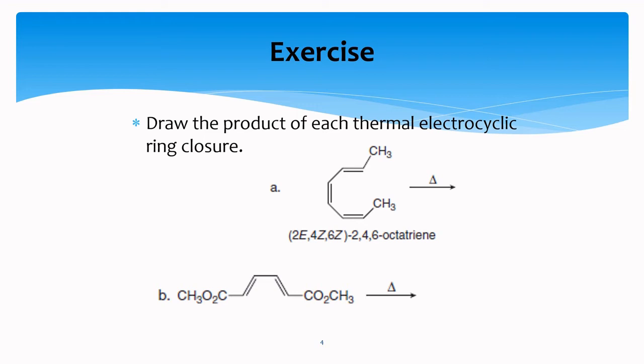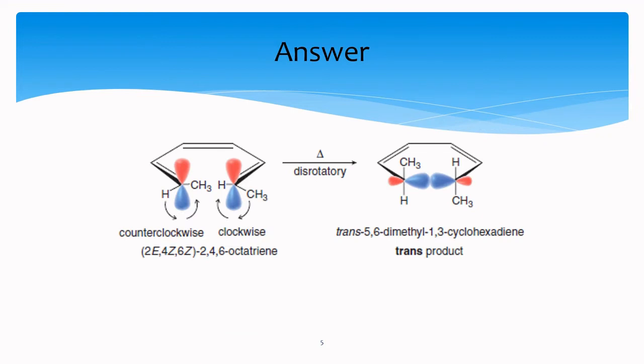When we have 2E,4Z,6Z-2,4,6-octatriene undergoing thermal reaction, and another molecule here which also undergoes thermal reaction. Let's take a look at A. A is an octatriene, so we know that it has 3 pi bonds. When it has 3 pi bonds, this is considered odd.